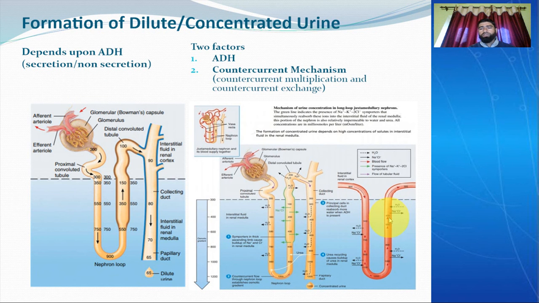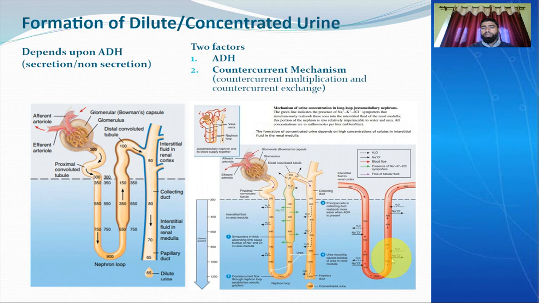In this countercurrent flow, as the blood inside the vasa recta descends down, due to the increased osmotic gradient, water diffuses out and salts diffuse in, and reaching down, the process continues, water out and NaCl, these ions, inside.